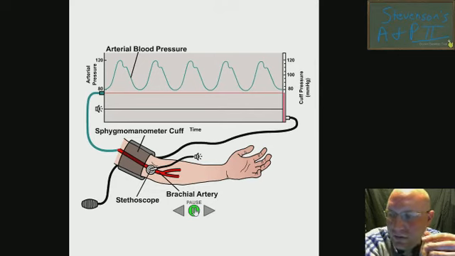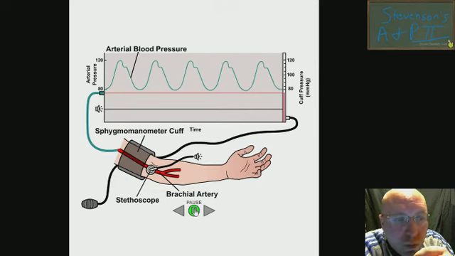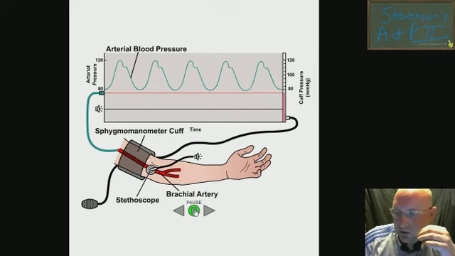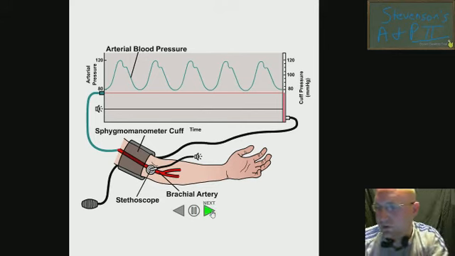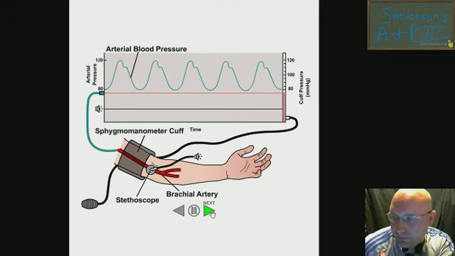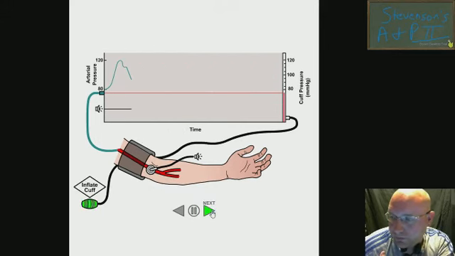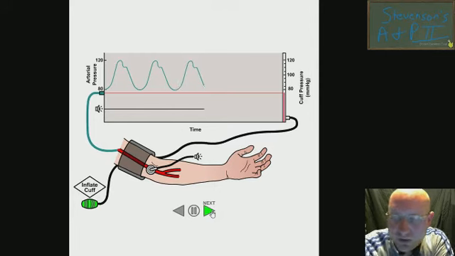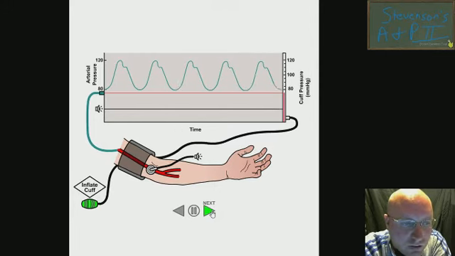Okay, so here we see the sphygmomanometer. We're going to measure arterial blood pressure here using the stethoscope. So we notice that the heart is beating over a period of time.